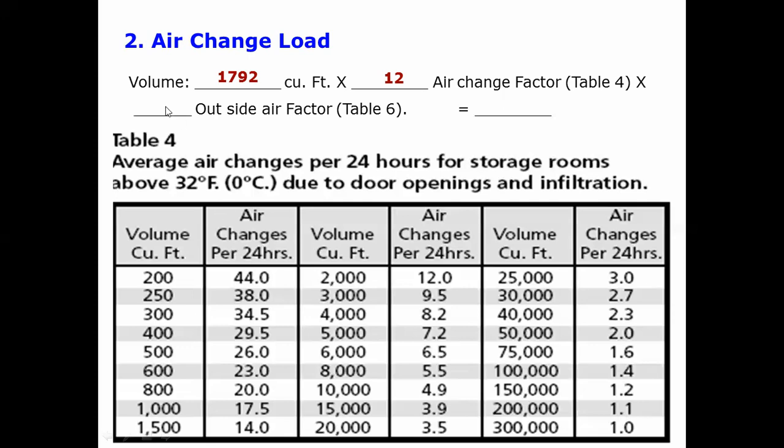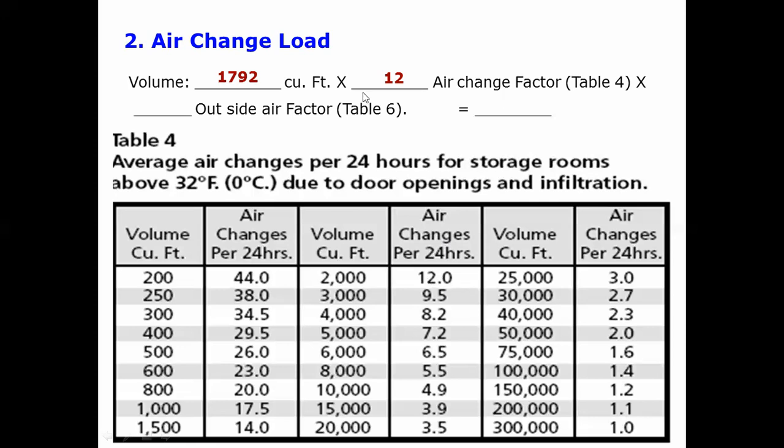So 1792 comes in between 1500 and 2000, almost near to 2000. So you could take this volume as 2000 and take its value, which is 12.